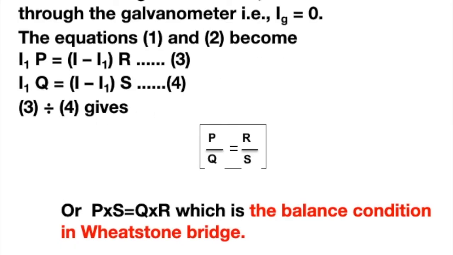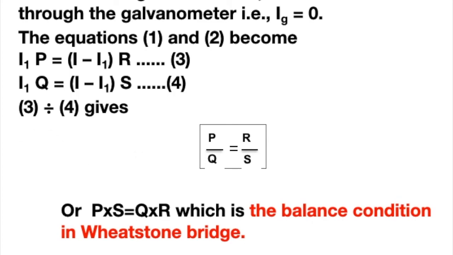So, what we get here is, put Ig equal to 0, and equations 1 and 2 change to this: I1 P equal to (I minus I1) R, we write it as equation number 3, and I1 Q equal to (I minus I1) S, equation number 4. Divide the two. The currents cancel, you get P over Q equal to R over S. So, this is the condition for balance in the Wheatstone bridge.